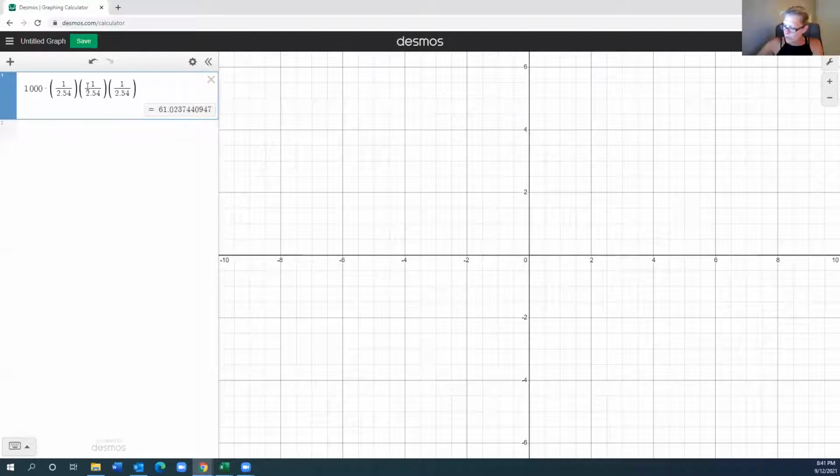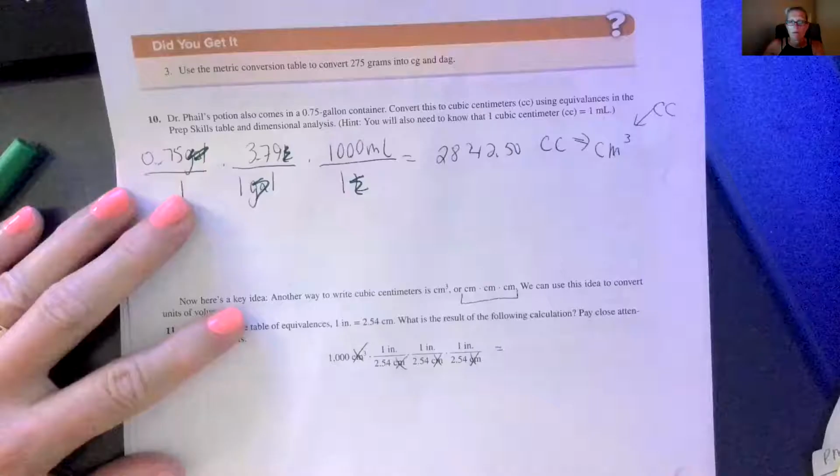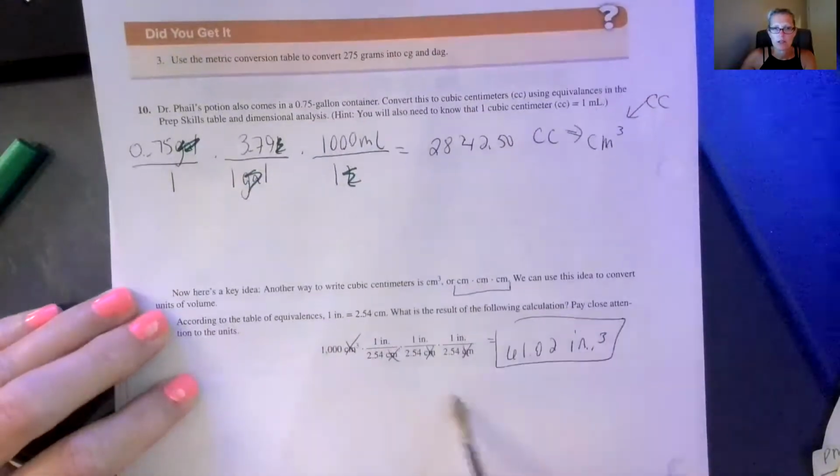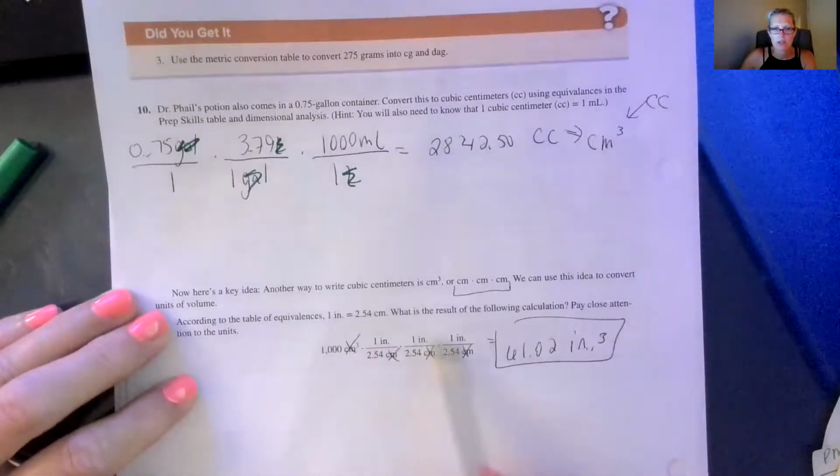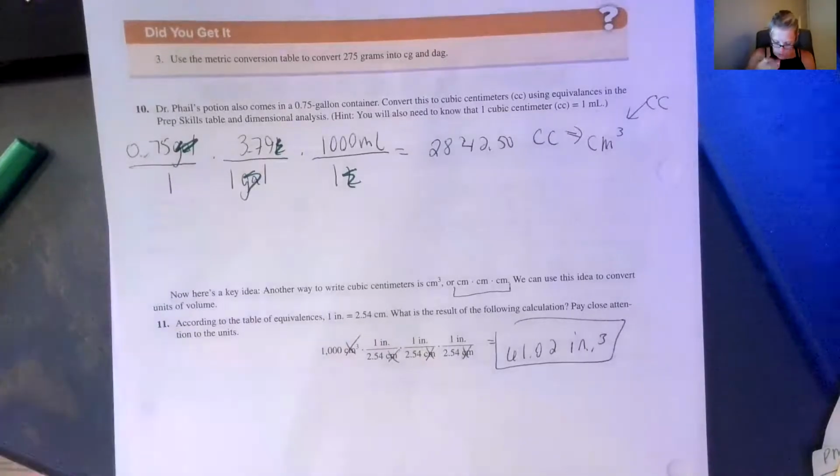And we end up with 61.02 inches cubed, because we have inches, inches, inches. So you can see that here. 61.02 inches cubed.